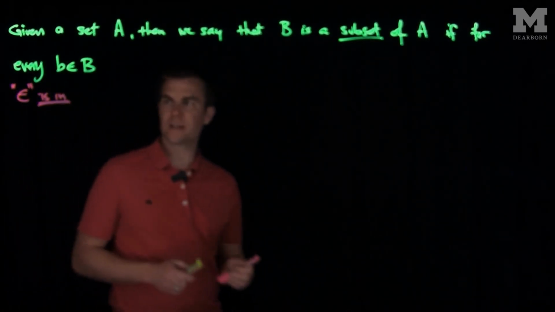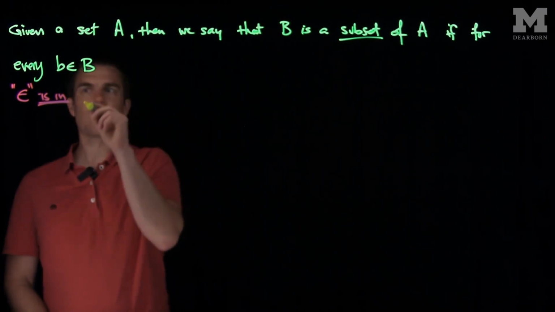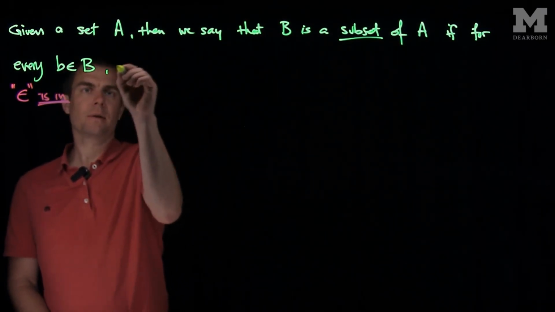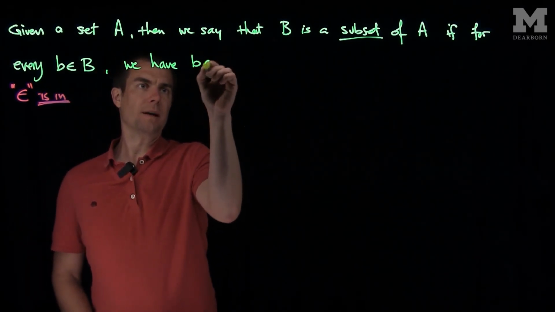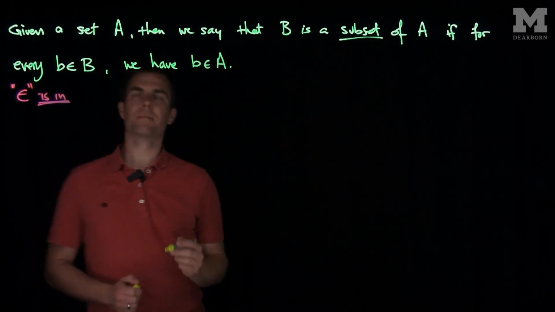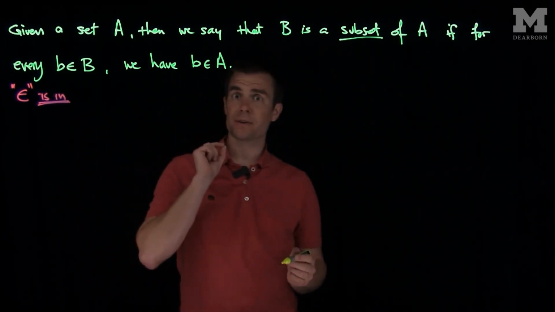So little b is in the set B implies that for every little b in B, we have that little b is also in A. So no matter what point I choose in the set B, it must also be in the set A.